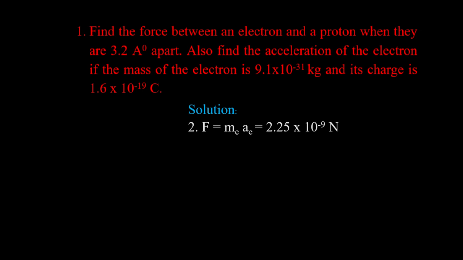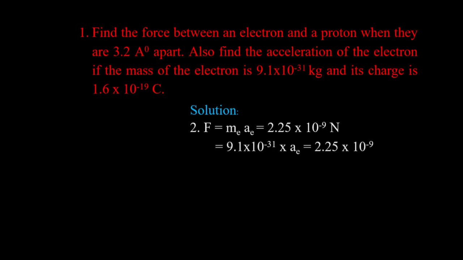We already know the mass of the electron, which is 9.1 into 10 power minus 31. Using Newton's second law, F is equal to ma, we have 9.1 into 10 power minus 31 into a is equal to 2.25 into 10 power minus 9. We are substituting the values of F and m in this equation.